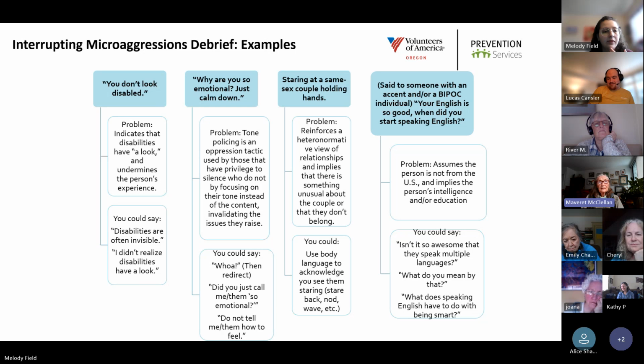We kind of were all over the place, sharing some situations we might have been in and how we handled them, so it was not as focused as the other scenario that we had.